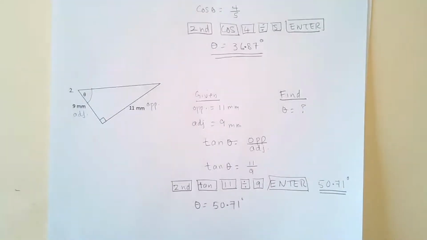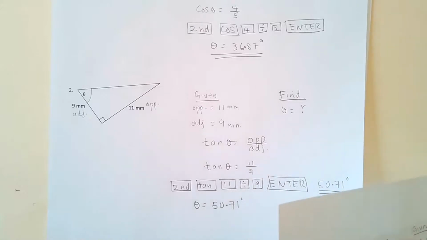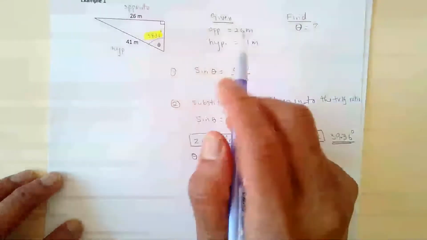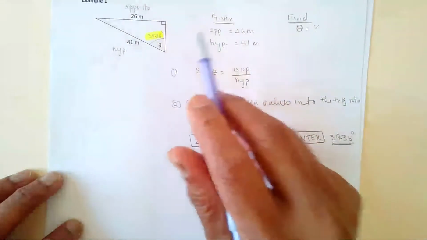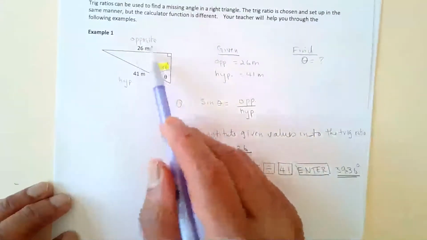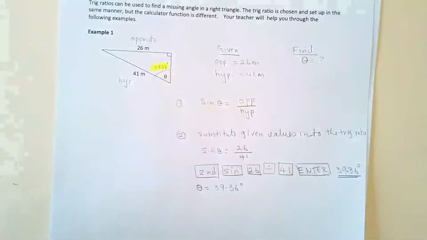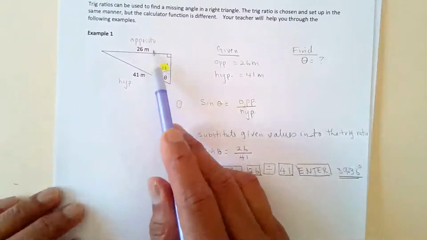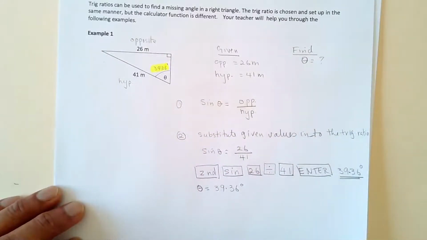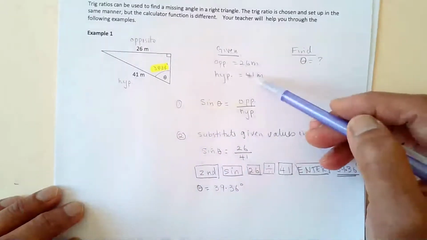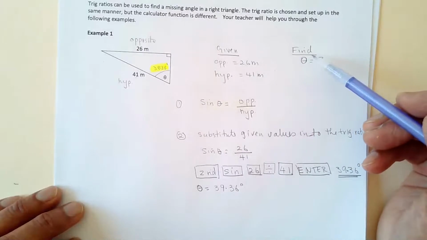So to recap, you can find the measure of the angle when we're given the measurement of 2 sides. You have to be given 2 sides to find the angle. We label the sides of a triangle. We write down what's given and what's being asked.